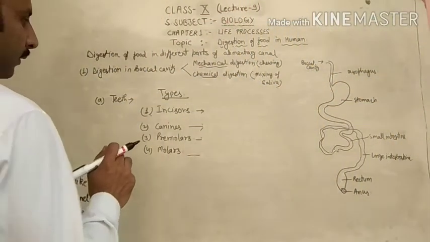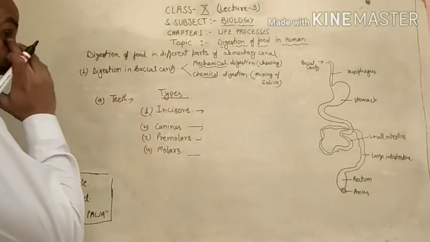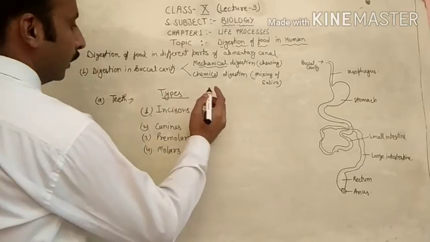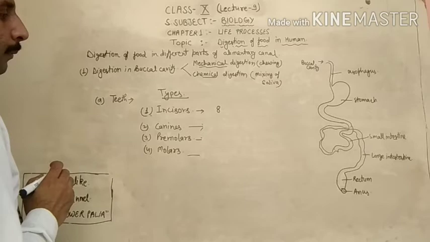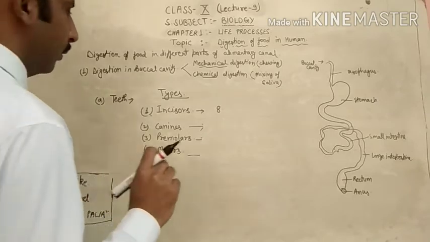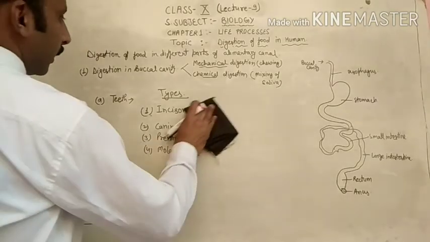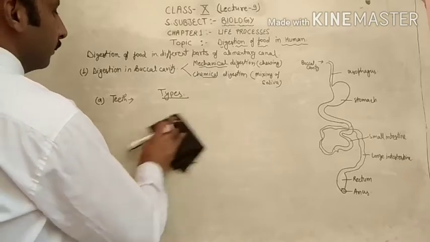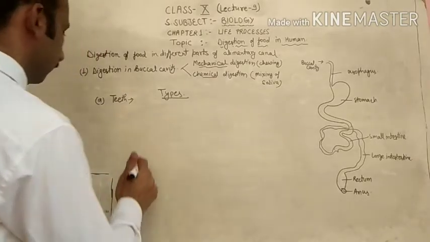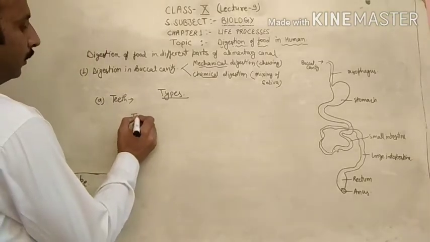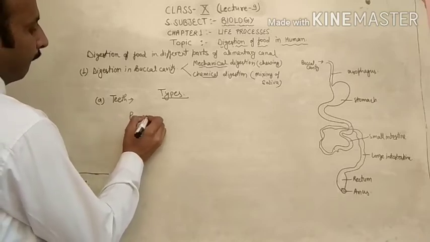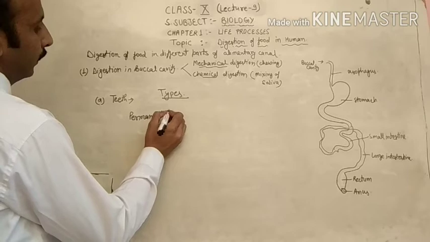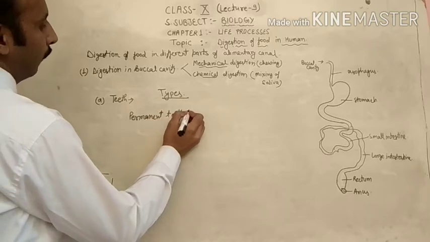Total incisors are 8 in human beings. Permanent teeth, I should write like this. Permanent teeth formula.